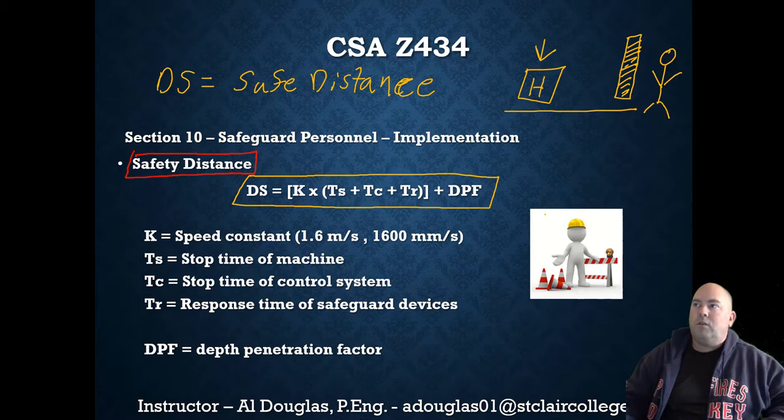So the question is, this distance right here, how far should that distance be? How far should that light curtain be mounted from the hazard to ensure that if that person walks through the light curtain, we can make sure that that hazard has come to a complete stop before the person is capable of reaching it.